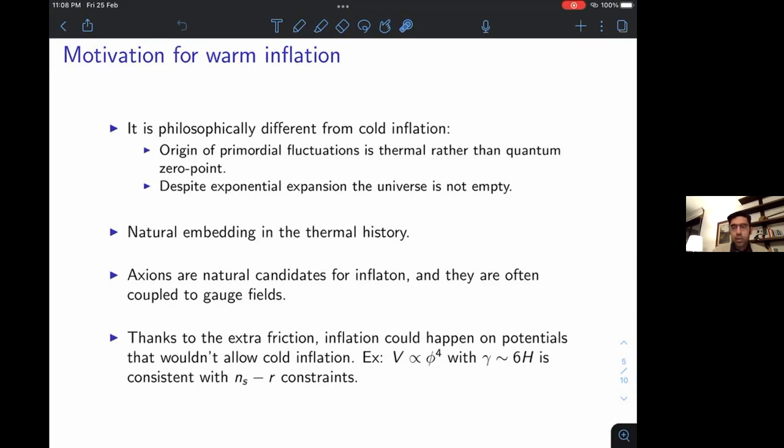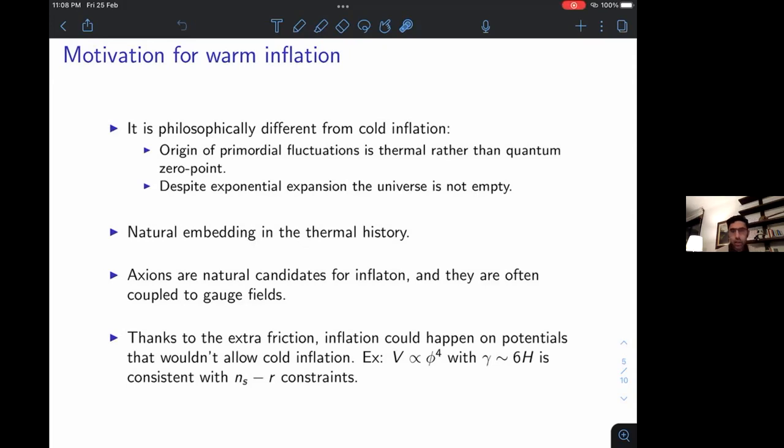And then we also have a non-zero energy density. Even though we have accelerated expansion, there's always something going on at sub-horizon scale. So unlike the usual situation when we expect that at sub-horizon scale during inflation, everything is cold and empty, here there are things going on, and there's non-zero energy density.